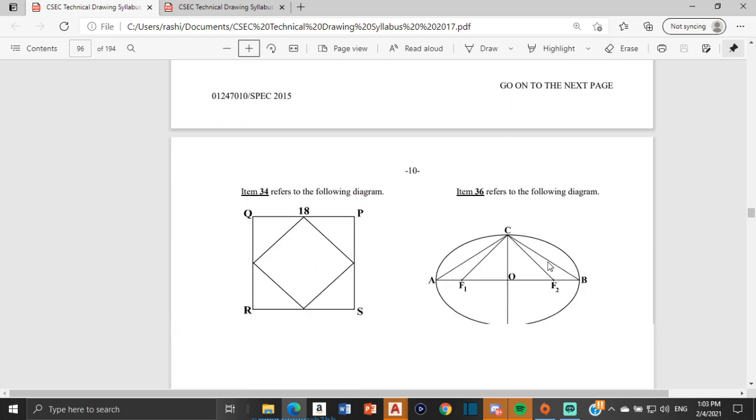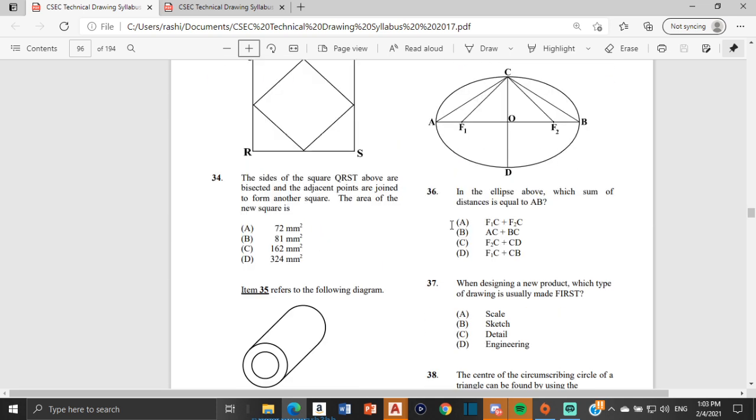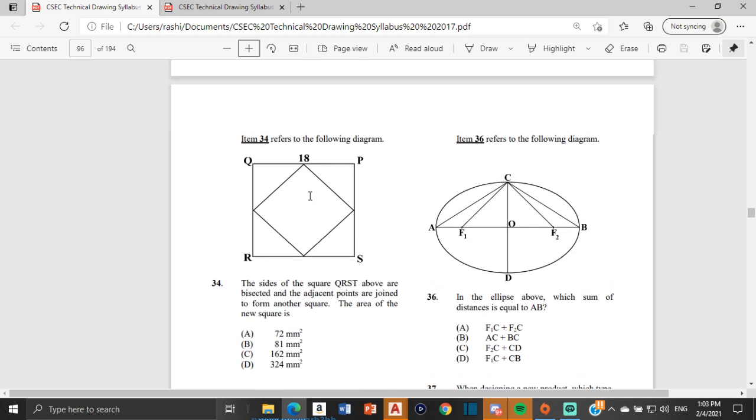Alright. Now here we have this figure, and it says that the sides of the square QRST above are bisected and the adjacent points are joined to form another square. The area of the new square is going to be half the area of the previous square.